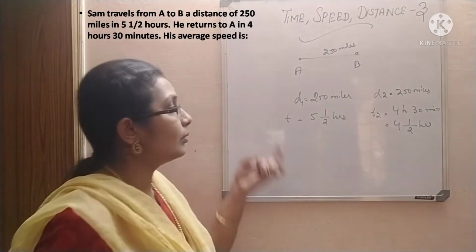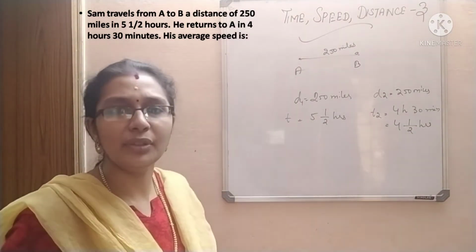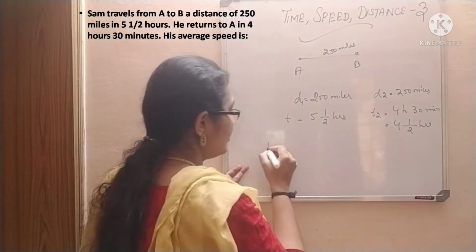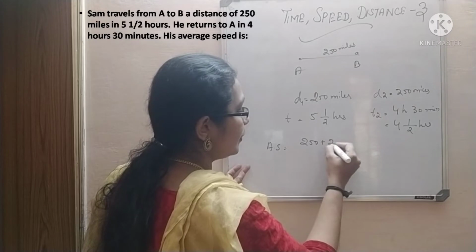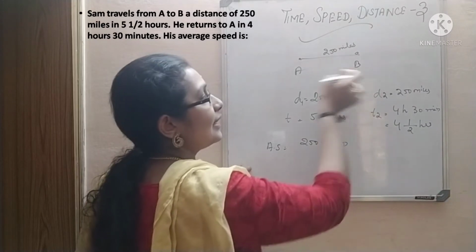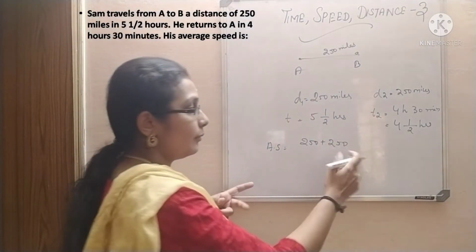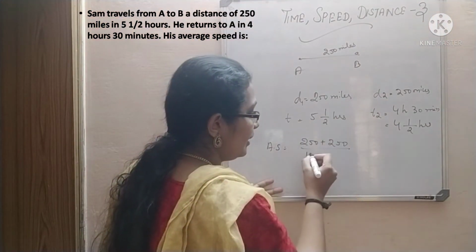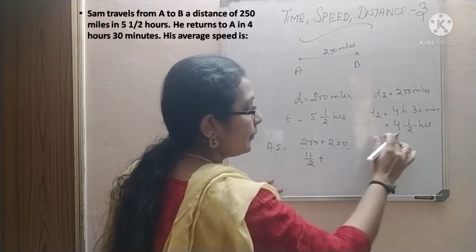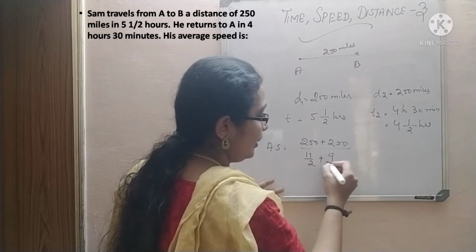Clear? So now you have got the distance and time. You can just substitute and find the answer. Average speed is equal to total distance. So 250 plus 250. He is going 250 miles and coming back the same distance. Divided by time. 5 2s are 10, 10 plus 1, 11/2, plus 4 2s are 8, 8 plus 1, 9/2.